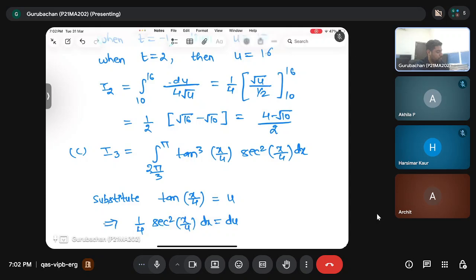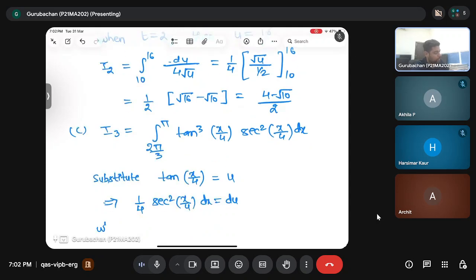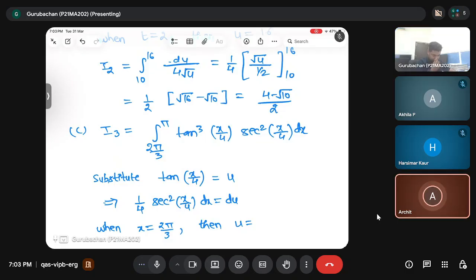So when x is equal to 2 pi by 3, then u is equal to tan of pi by 6. What is tan pi by 6? 1 by root 3. Sure.